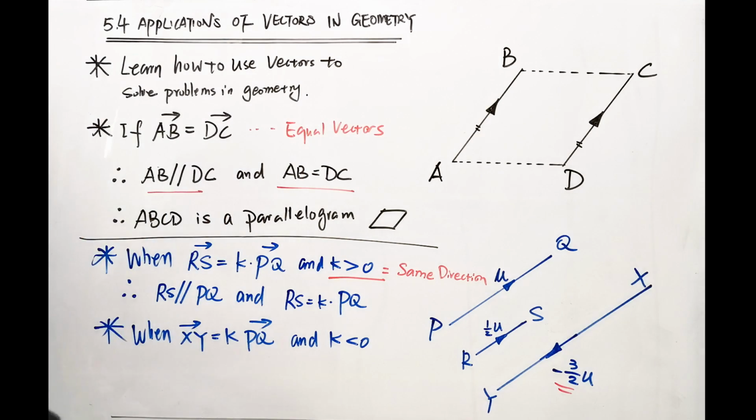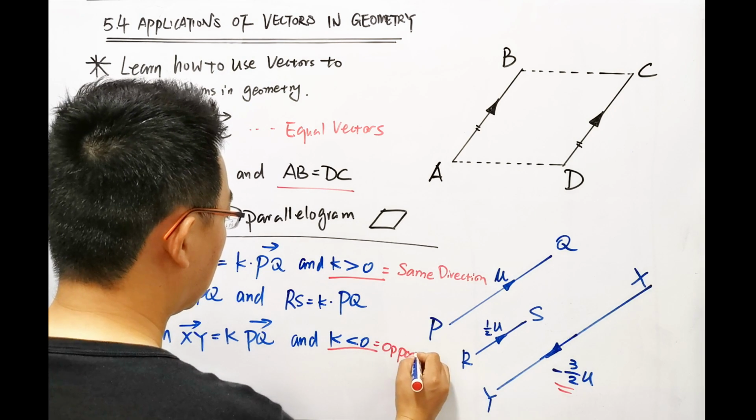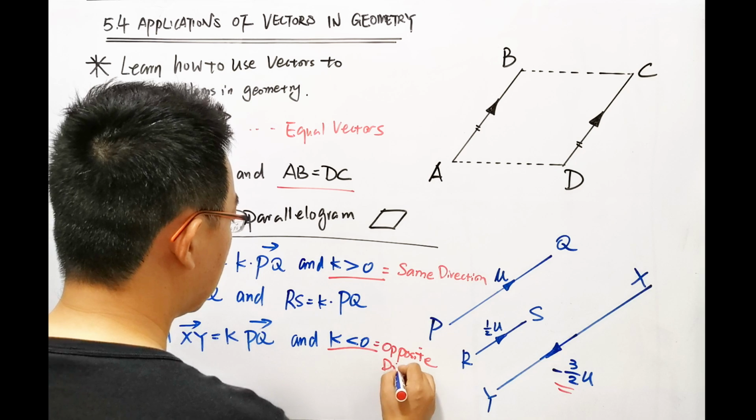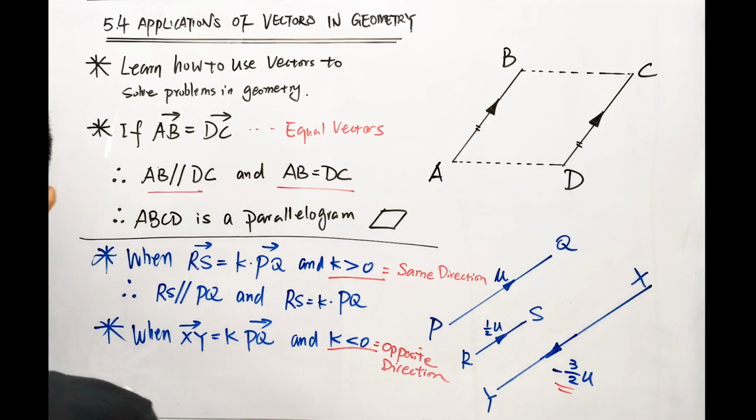So we can see that in fact they are in opposite directions. Since these two vectors are related this way, XY and PQ are parallel to each other.